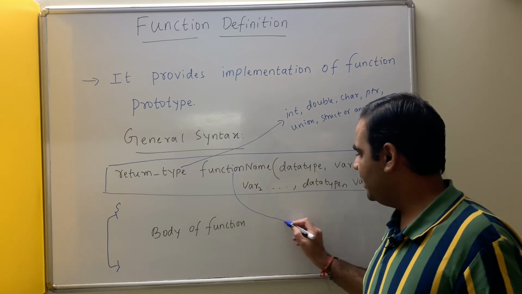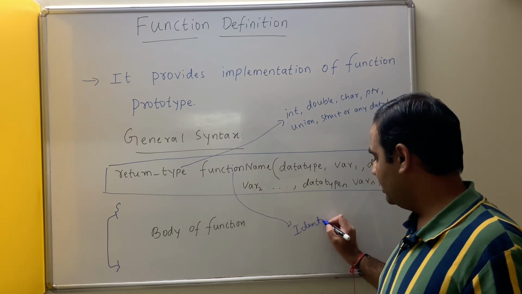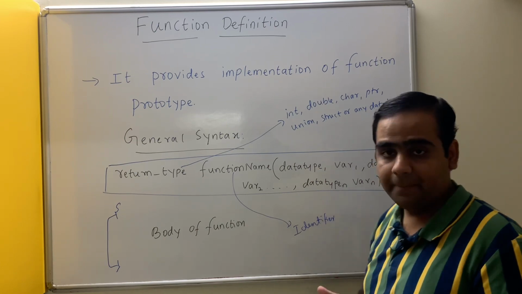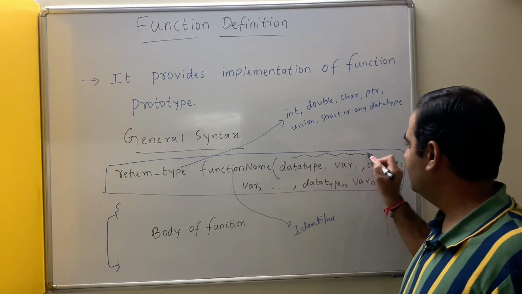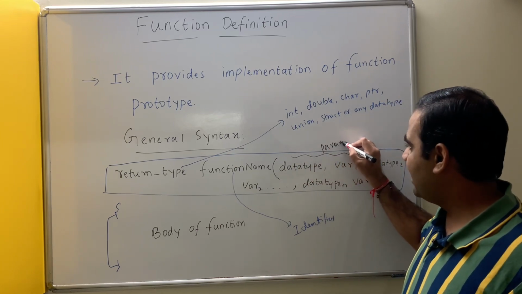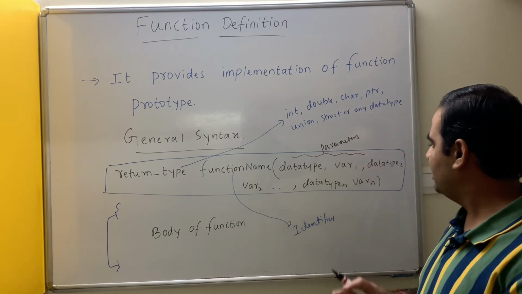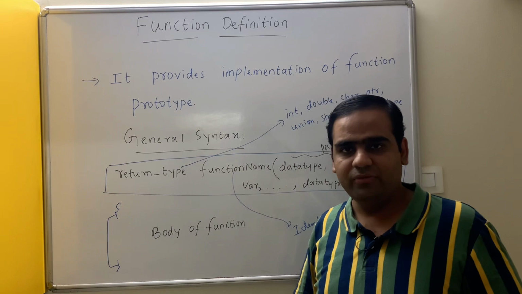Function name is any valid identifier name. We already know the rules for framing the identifier name. Now these are the inputs to the function, and these are called the parameters. Please notice one thing, that there is no semicolon and we provide the body of the function.